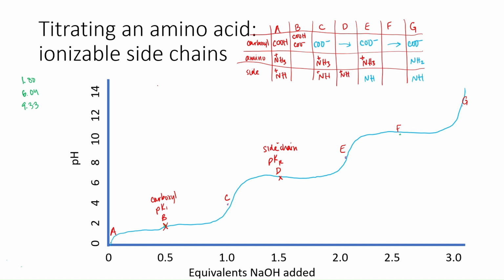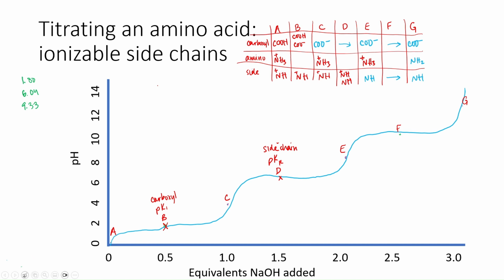Some of it is deprotonated, just regular old NH. So at this point, that's sort of the dividing line where we have half protonated, half deprotonated. So we can also fill in the rest of these. So we know that it's still protonated here, and then it's going to be fully deprotonated past that equivalence point.